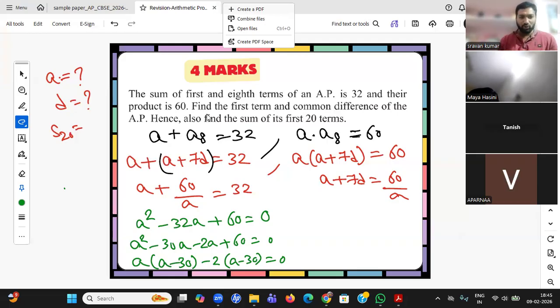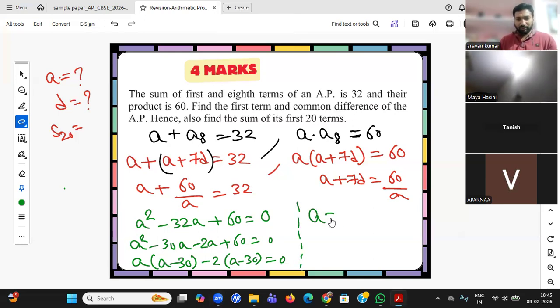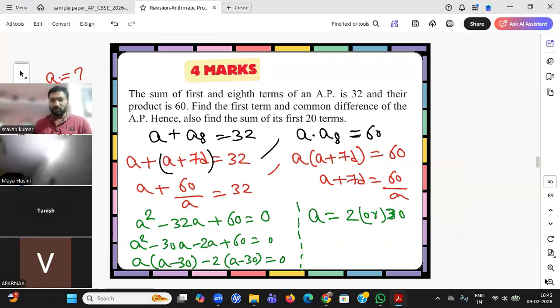Sometimes if you get something like, let me see. You take case 1 and case 2 and you go ahead, student. So a equal to 2 or 30. So I'm getting two students. That means two arithmetic progressions are possible.